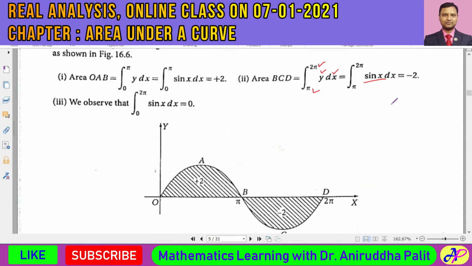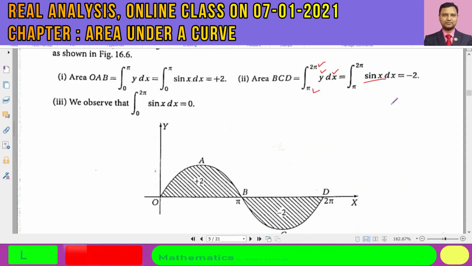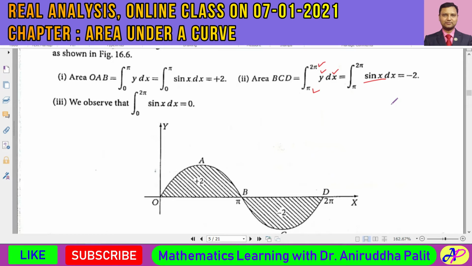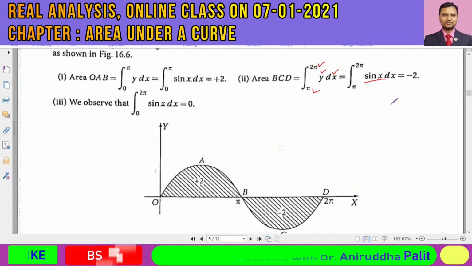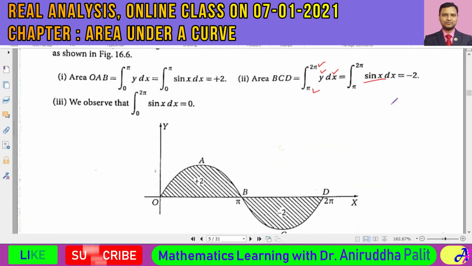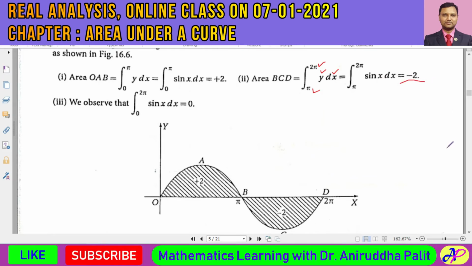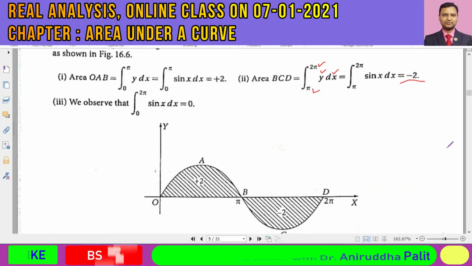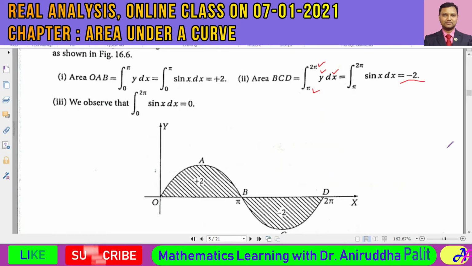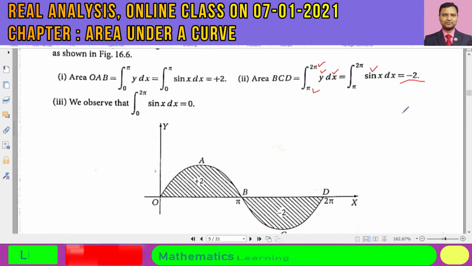We know that sine of x is a negative quantity whenever x varies from pi to twice pi. That's why if you integrate this expression, you will get a negative number, minus 2. So you observe that area may be negative due to the negativity of this kind of function.